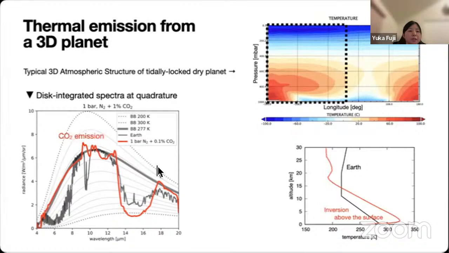This is actually CO2 seen as emission near the wing of the absorption feature. This comes from the fact that there is a strong thermal inversion layer near the surface. So even the snapshot thermal emission spectra includes such information about the atmospheric circulation or the three-dimensional nature of the planet.